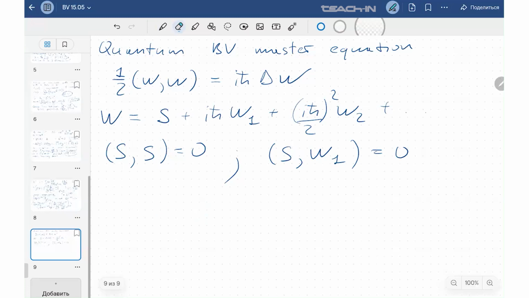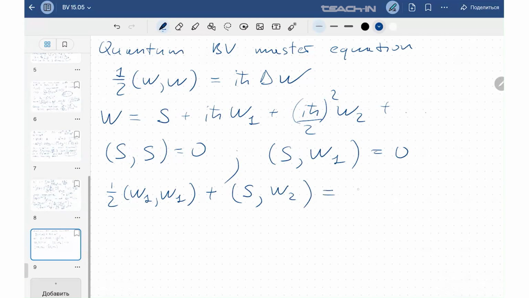We get indeed W1 plus S W2 equal to h delta W1, right? No, but without h, we already took into account.